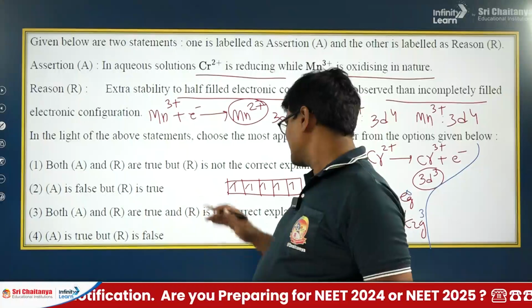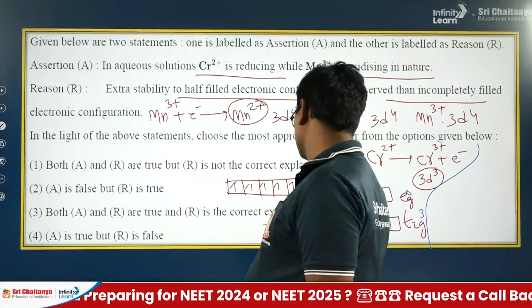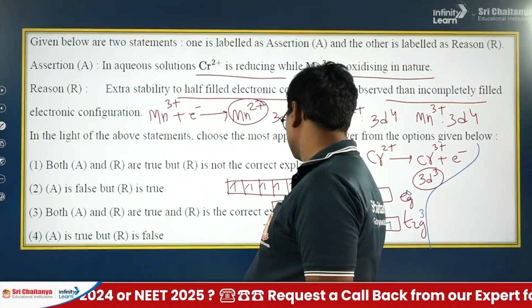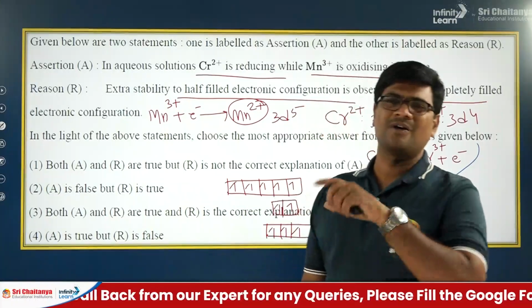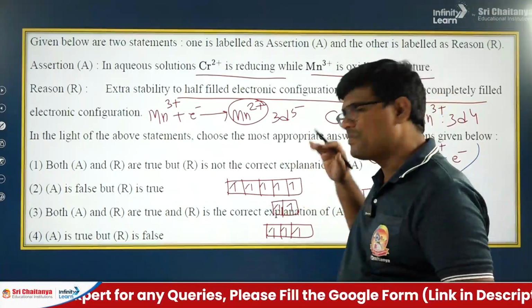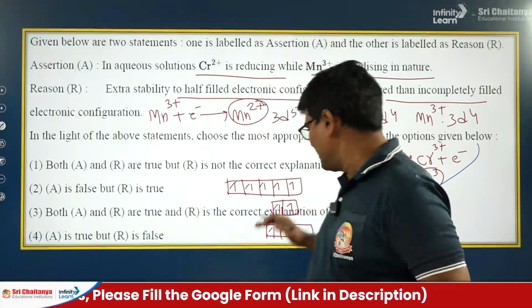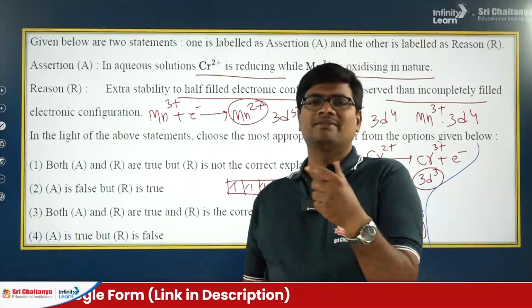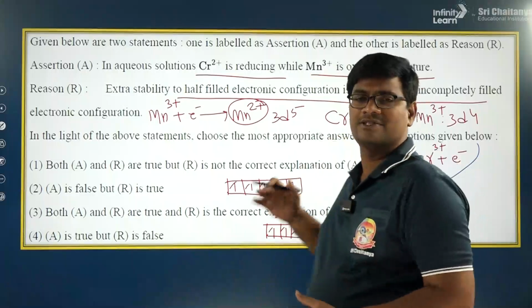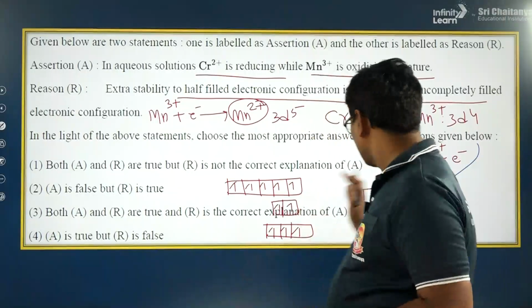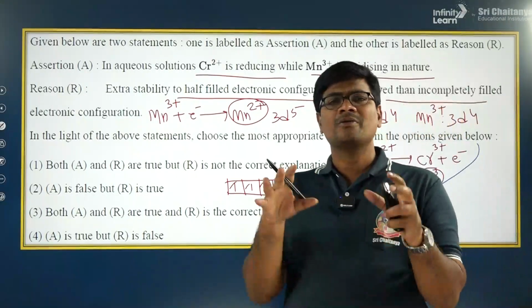So, why can't we apply the same here in this case also? Like this we can apply. Here also, half-filled in the upper set and half-filled in the lower set. That's why Mn2 plus is more stable, with both the T2g set as well as the Eg set half-filled. Why not in the case of chromium? Because generally we don't see the chromium plus 1 state.